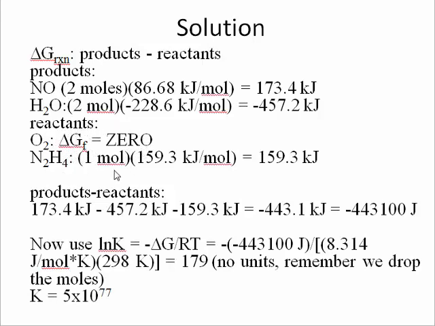And for 1 mole of N2H4, we obtain a value of positive 159.3 kilojoules. Alright, take 173.4, subtract 457.2, subtract 159.3, and get a value of delta G of negative 443.1 kilojoules. I show that here converted to joules.